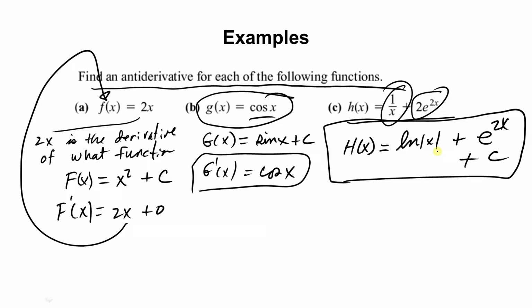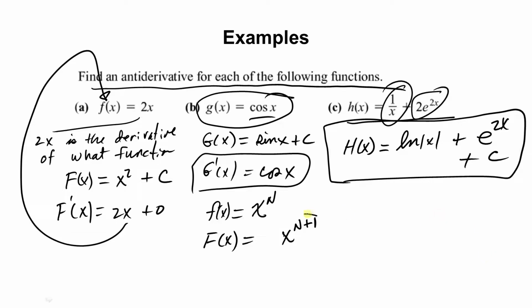Now, let's look at another one. Suppose you had lowercase f of x equal x to the n. What is the antiderivative of x to the n? Now, you already know that the derivative of x to the n is n x to the n minus 1, so we want to sort of work backwards and play around with this. We sort of know that the antiderivative would be x to the n plus 1 power, because when we take the derivative, we're going to reduce the power by 1.